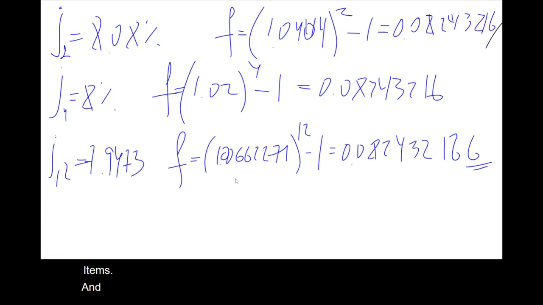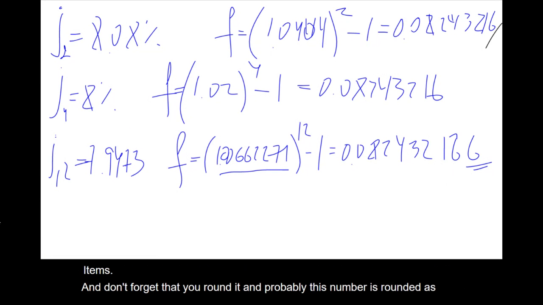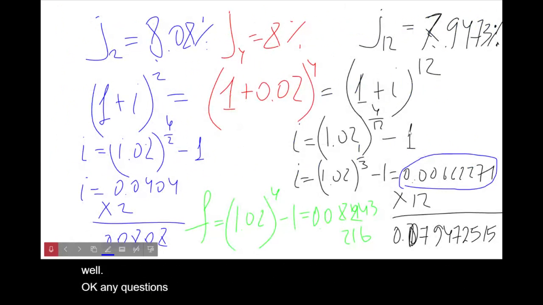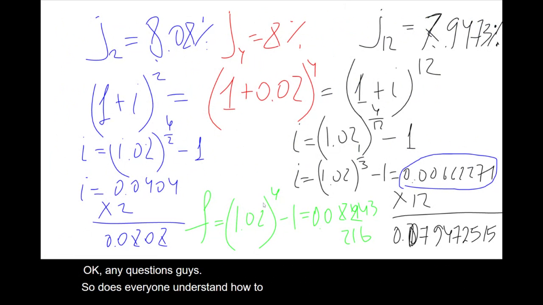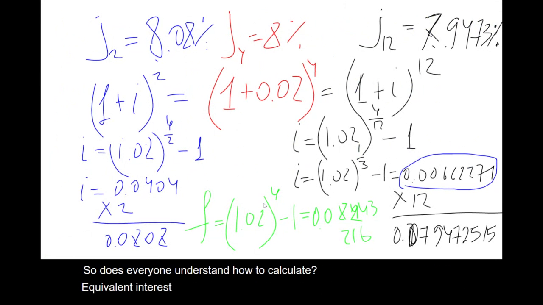And don't forget that we rounded, and probably this number is rounded as well. Okay, any questions, guys? So does everyone understand how to calculate equivalent interest rate?